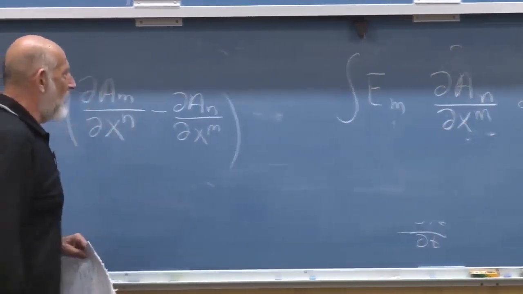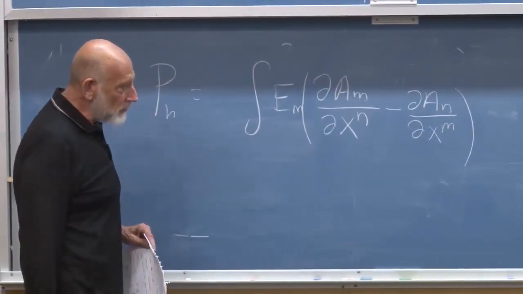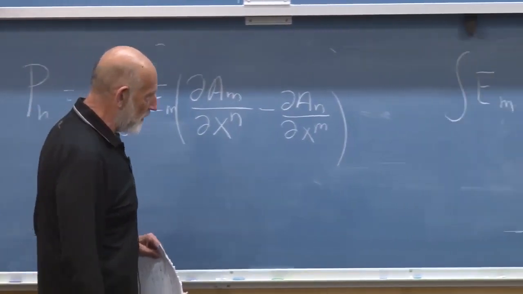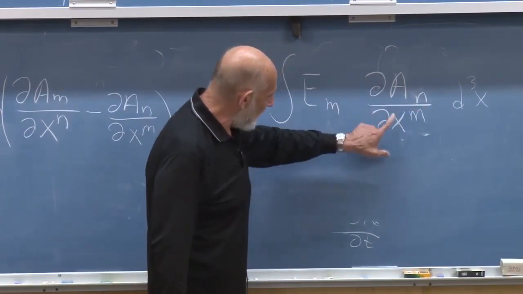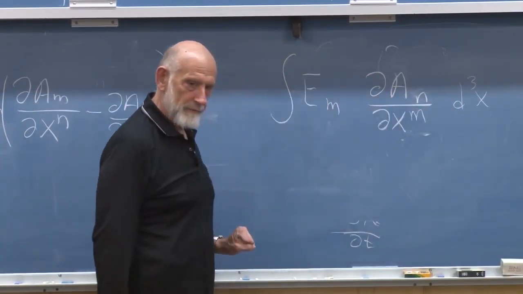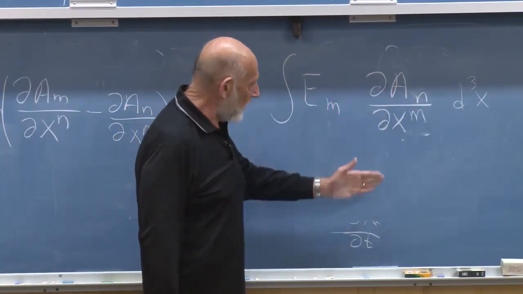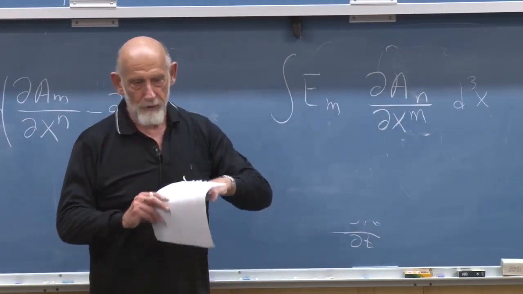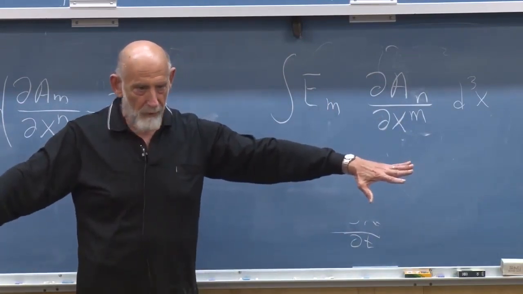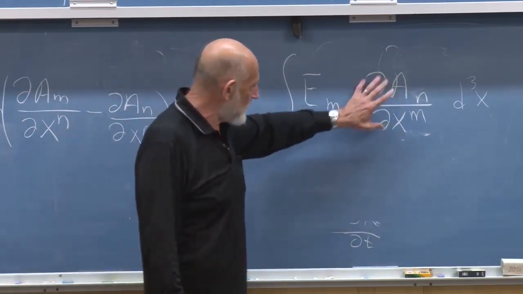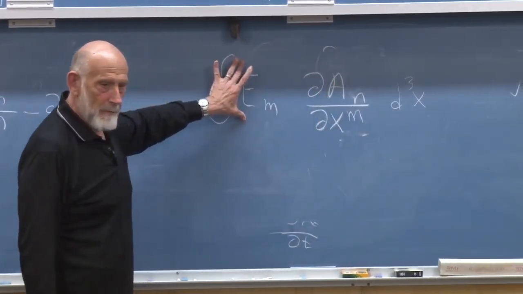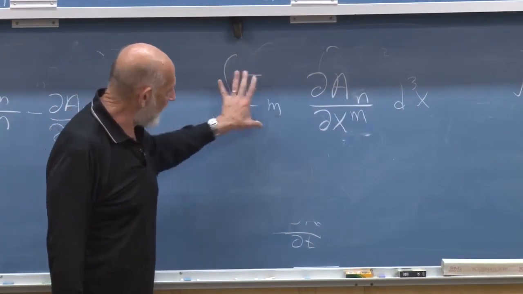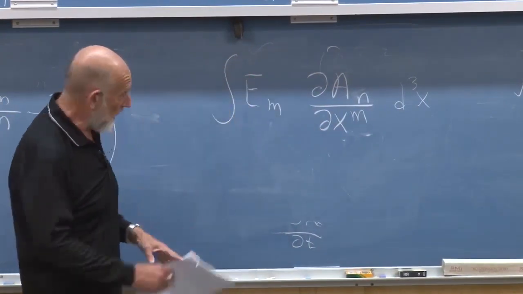All right, now, by now, I hope everybody knows how to do an integral by parts, a partial integration. Whenever you have an integral like this with a derivative on one thing times another, it's equal, assuming the fields go to 0 far away so that there are no boundary terms, you can take this derivative and shift it to the other factor at the cost of a minus sign.